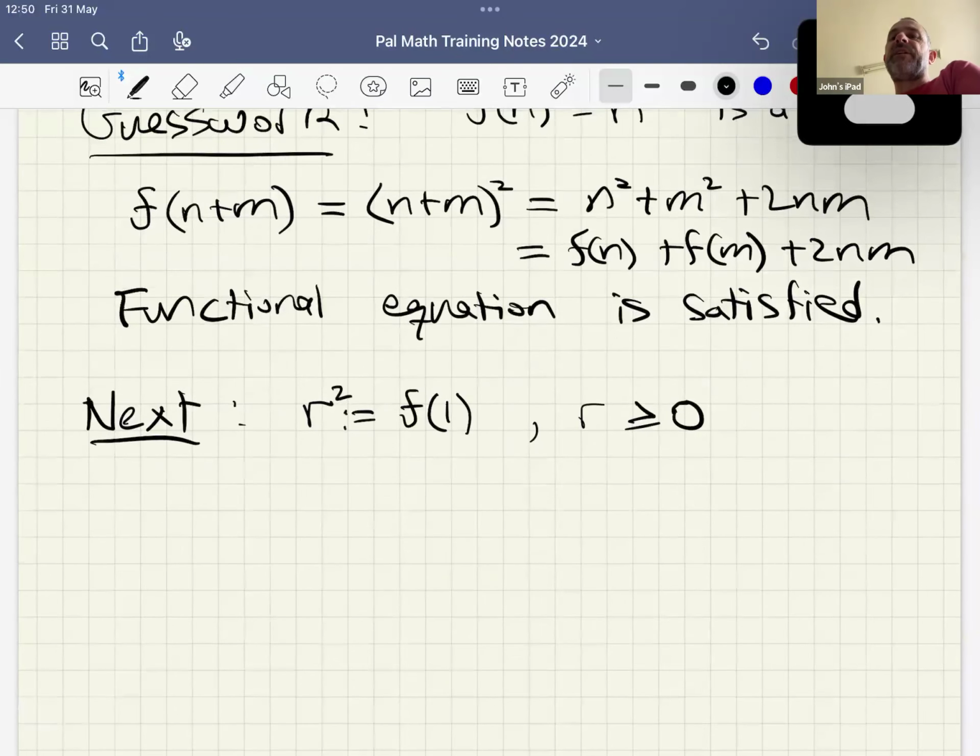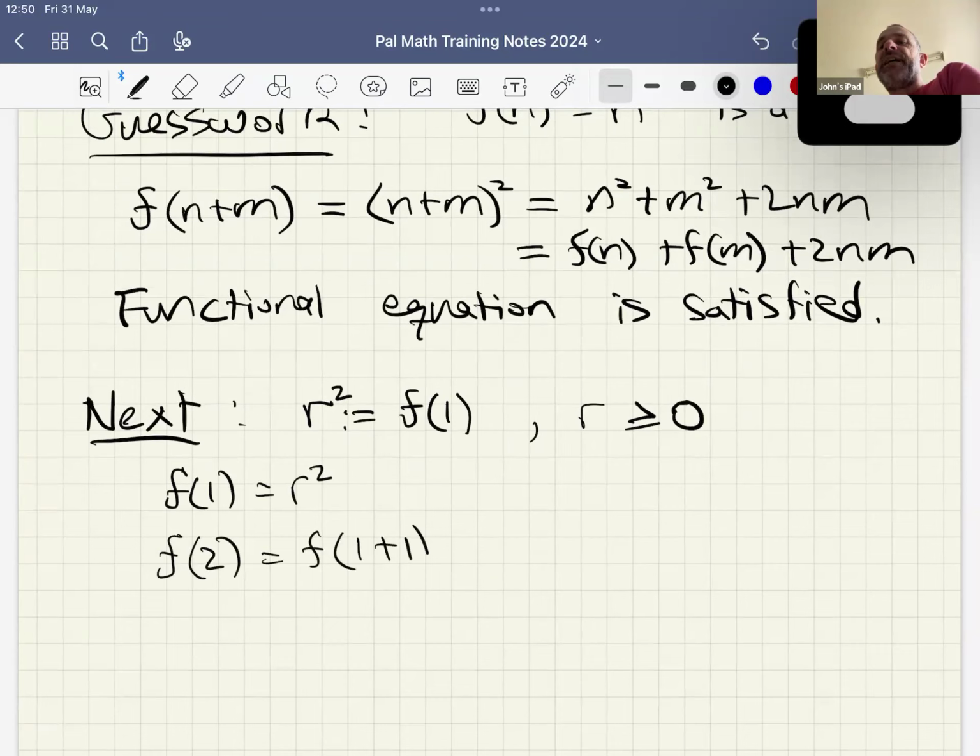That's me defining R. So we have f of 1 is R squared. What about f of 2? Well, f of 2 is f of 1 plus 1, and then using the functional equation, this is going to be R squared plus R squared plus 2. So that's 2 R squared plus 2.